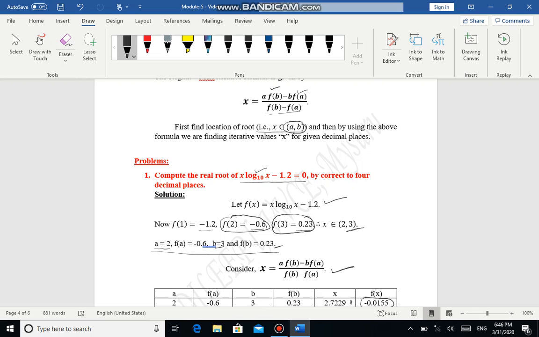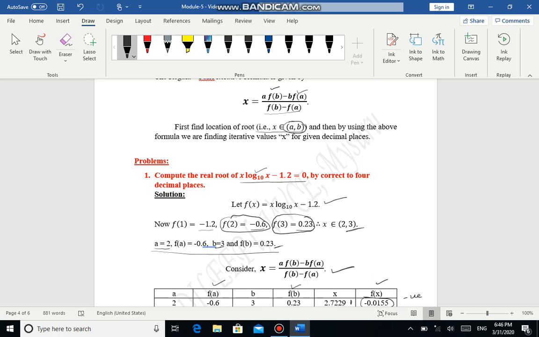Now to find the second iteration, I need to find the new interval. The technique is to compare f of x with f of a and f of b. Observe the sign of f of x. F of x is negative here. So f of a is negative and f of b is positive. We need to replace the same-sign column.